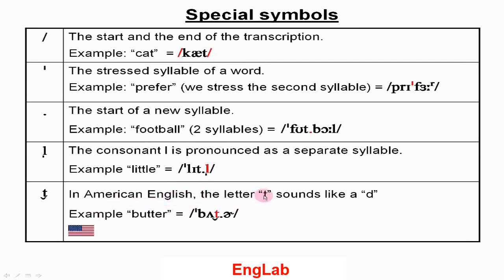And it shows that the letter T in American English sometimes sounds like a letter D. So in British English they pronounce it butter, but in American English this is pronounced butter. Okay, so T sounds like a D.